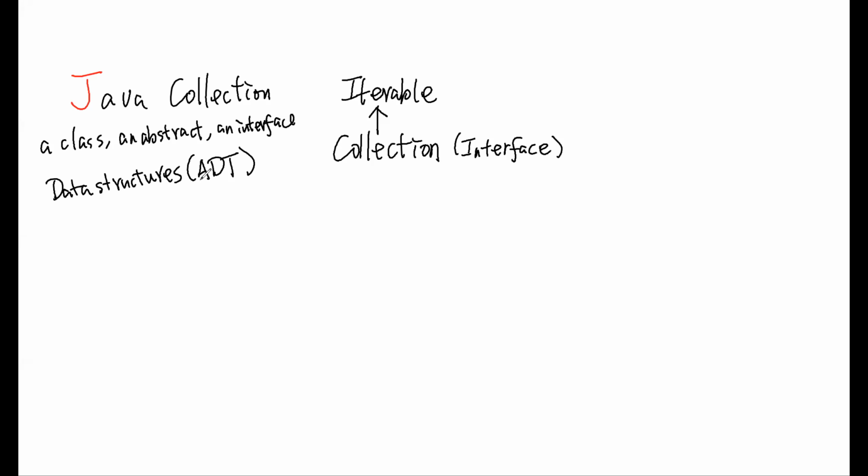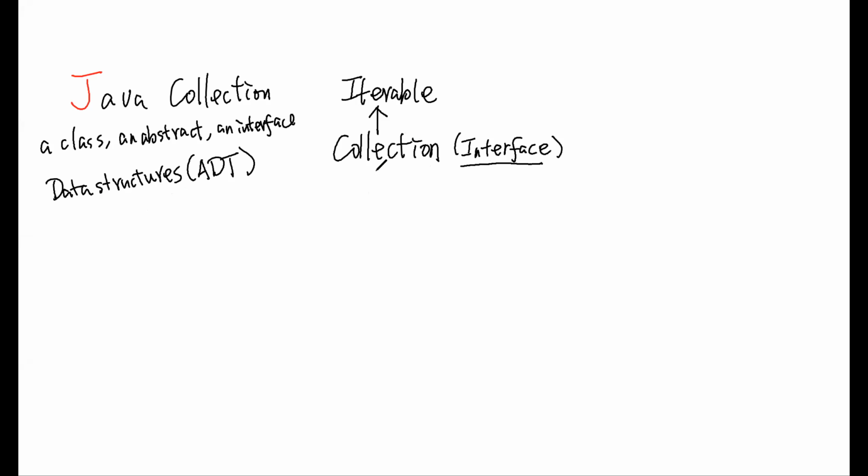That means you can add, remove, get the front item, check if it is empty, and so on. So you can define some common interface to support that purpose. That's what we call a collection.